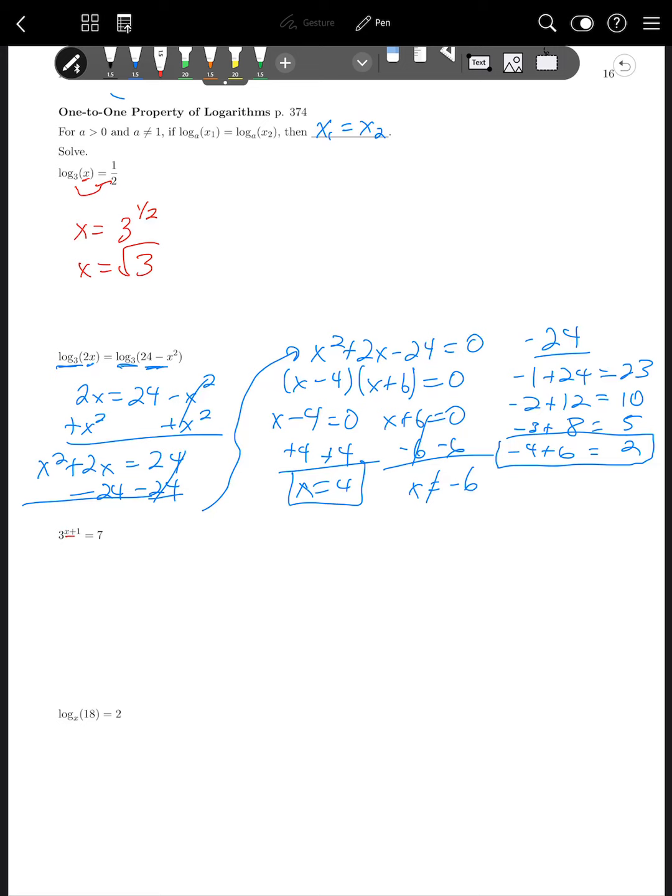Same idea here. x is in my exponent. So how do I get rid of the exponent? I move the 3 to the other side and make it the base of a logarithm. So this would be x plus 1 equals log base 3 of 7. Then we can subtract 1 from both sides to get x equals log base 3 of 7 minus 1. If we wanted to, we could get an approximation using the calculator.